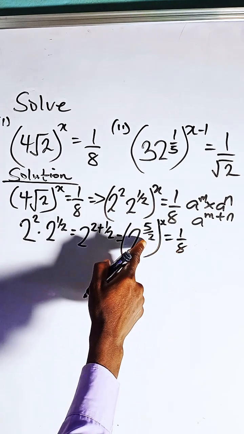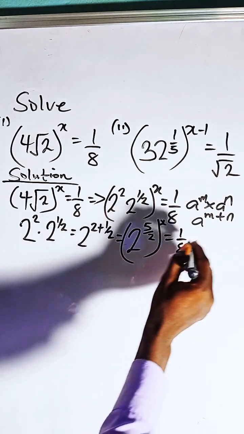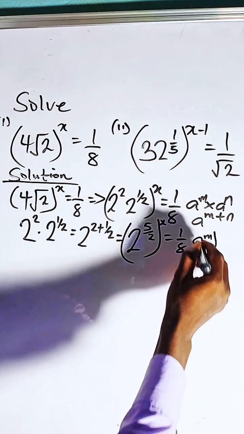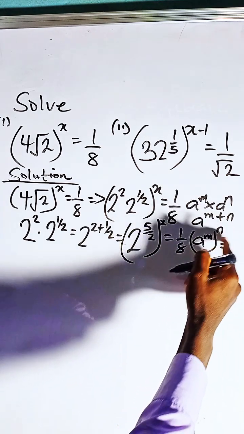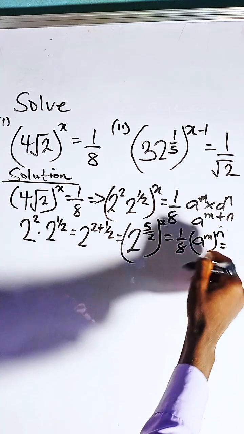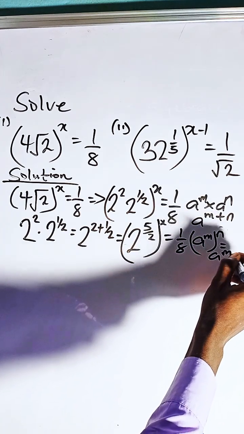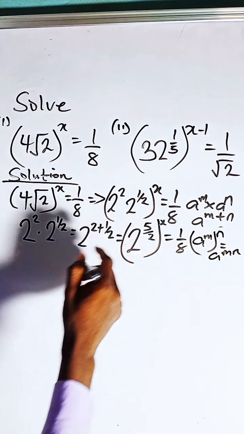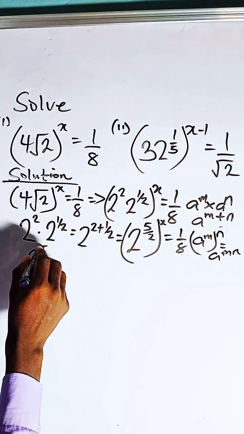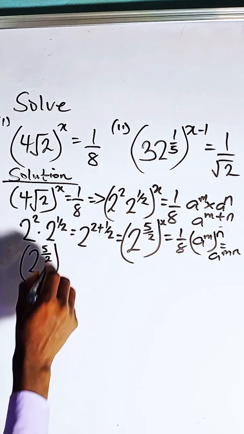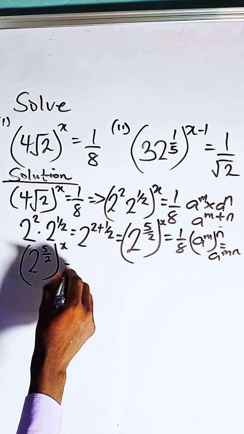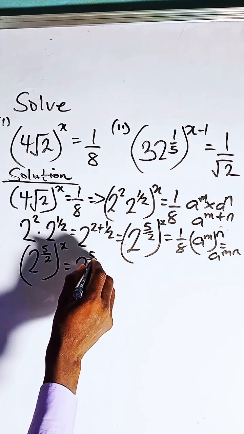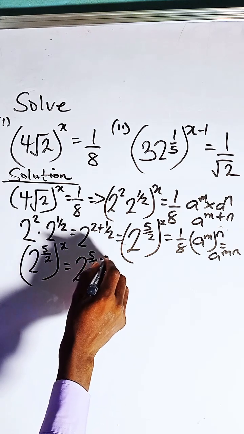So we can apply the exponent rule: when we have an expression in this form, we multiply the powers together, so we have a raised to power mn. Let's apply it here. For 2 raised to power 5 over 2, all raised to power x, we say 2 raised to power 5 over 2 times x.